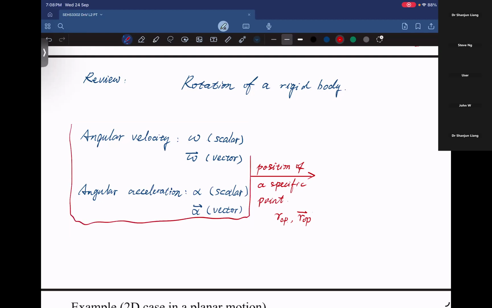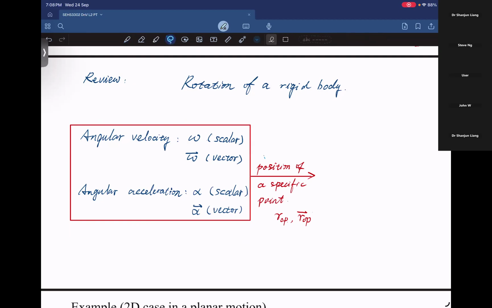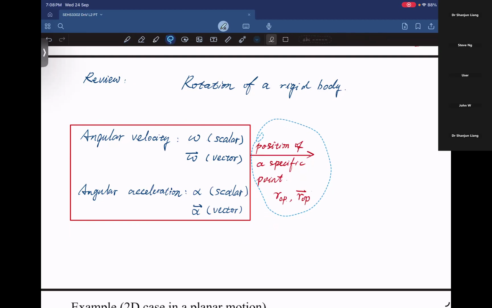Okay, let me make it a little bit smaller and make sure we have enough space.